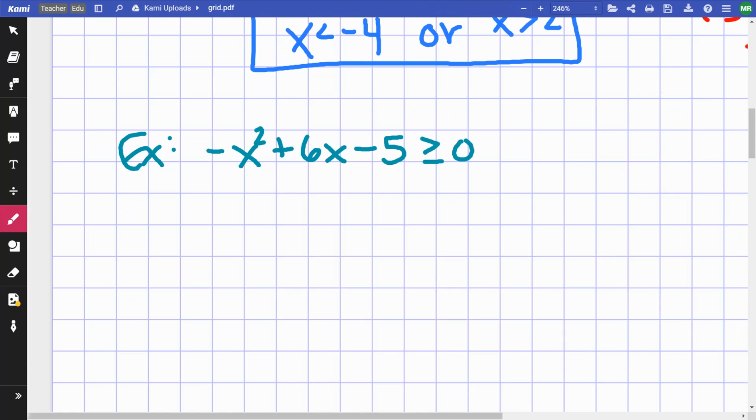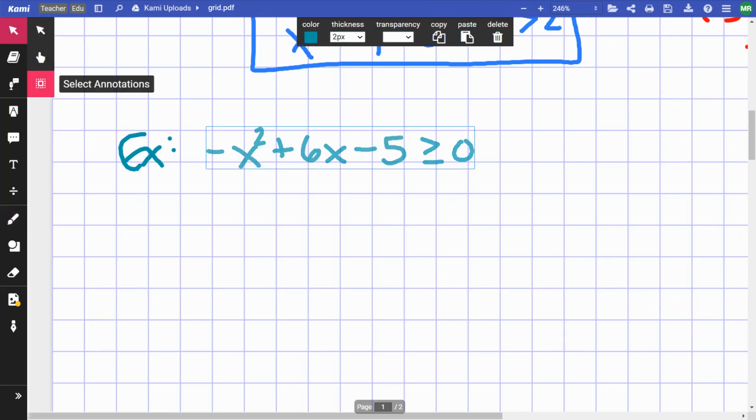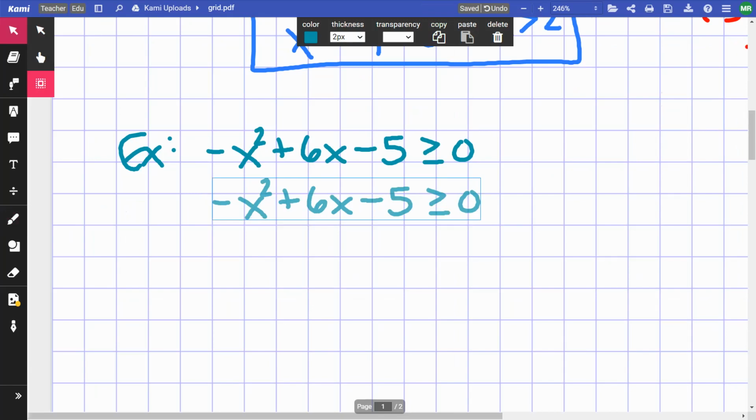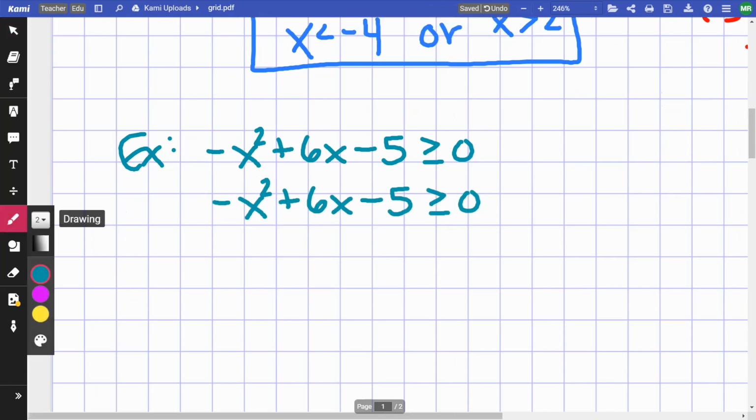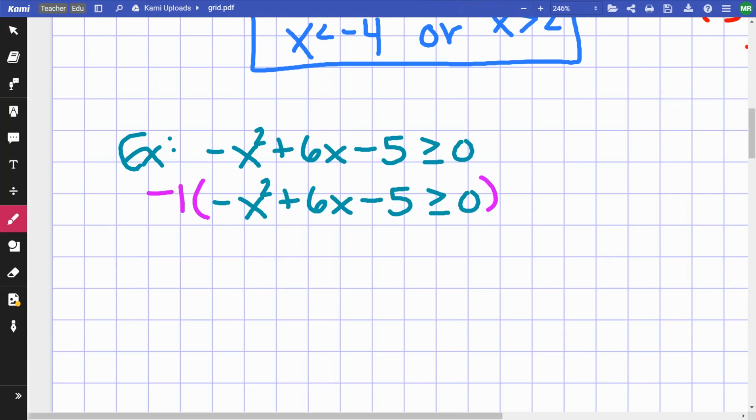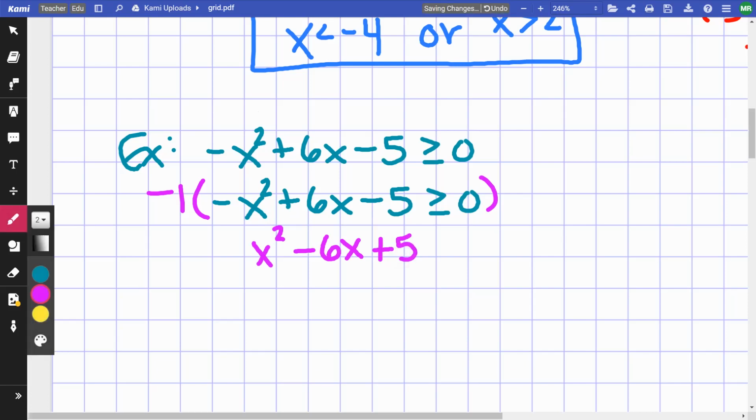So what I'm going to do, I'm just going to copy this real quick. I'm going to multiply this by a -1 or divide it by a -1, whichever way you want to think about it. So what does that do? Well, that makes this a positive x squared, a -6x, a positive 5, and this inequality is going to change direction.